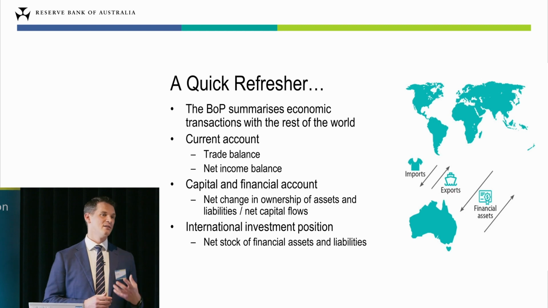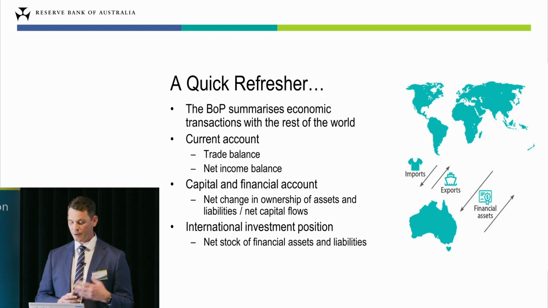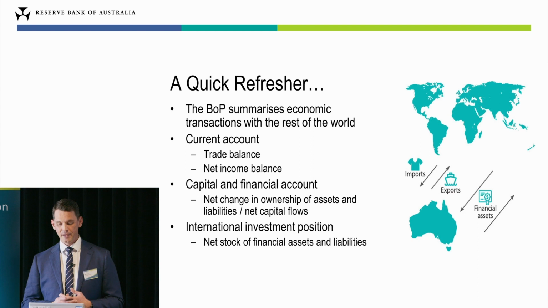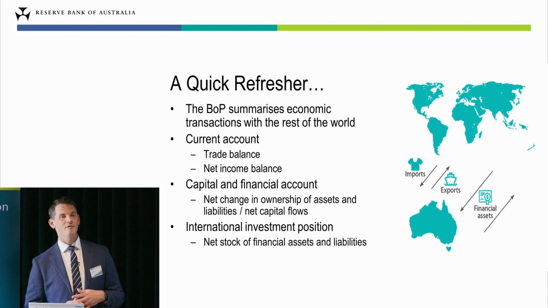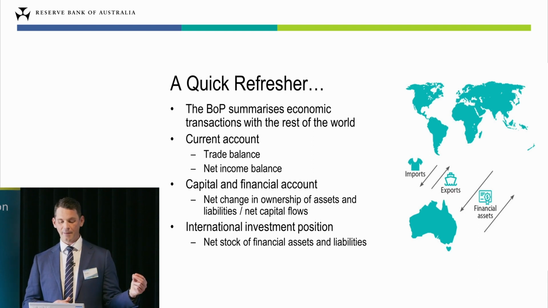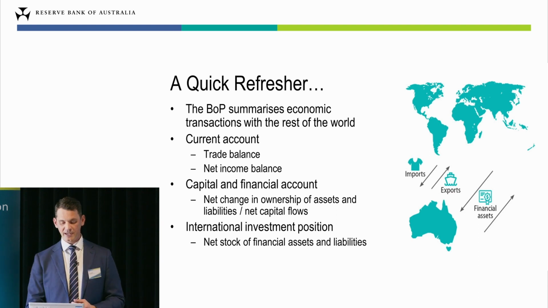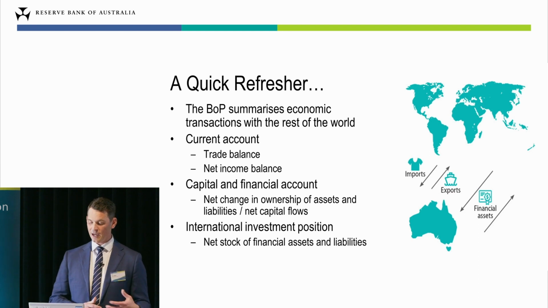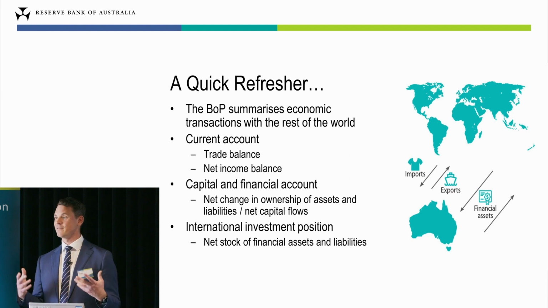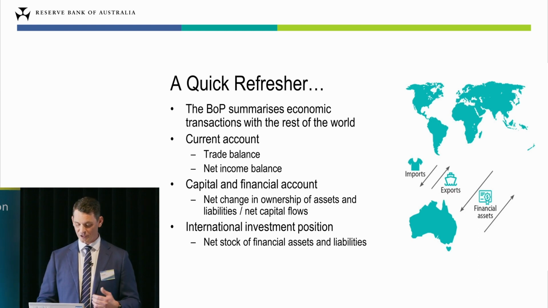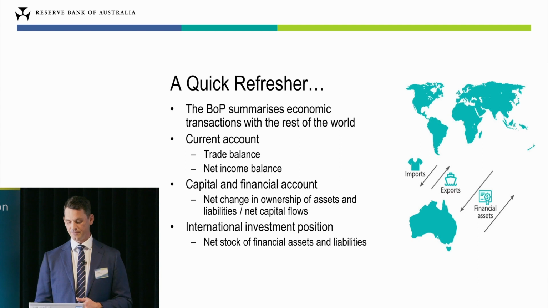Or if an Australian buys US shares, that would also be included here. And so transactions in this account are often referred to as the net flow of capital from Australian investment abroad and foreign investment into Australia. And finally, the international investment position is the net stock of assets and liabilities that's built up or accumulated from these net capital flows over time, as well as some valuation effects on those particular assets and liabilities.